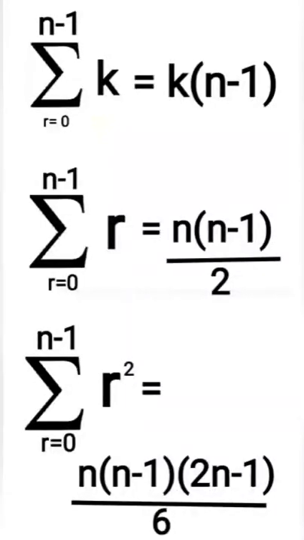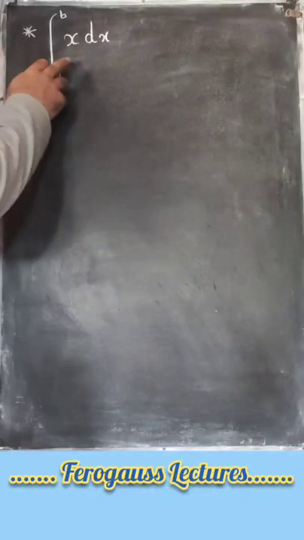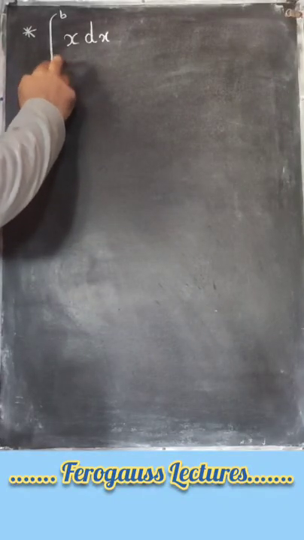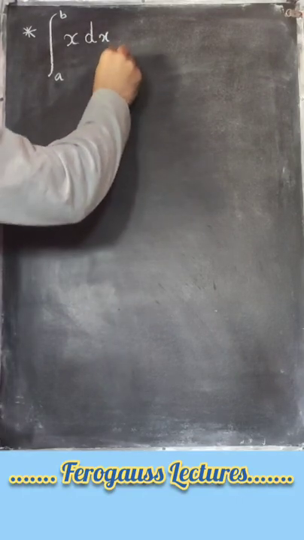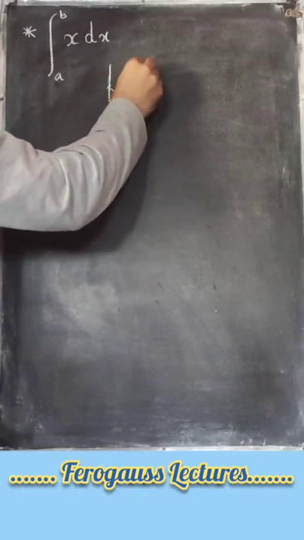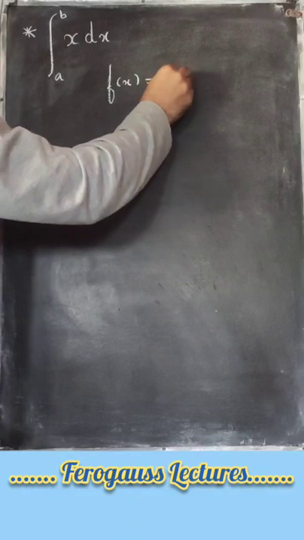Now let us evaluate a definite integral from the definition of definite integrals as the limit of a sum. In this definite integral, integral a to b x dx, we have f(x) equal to x.